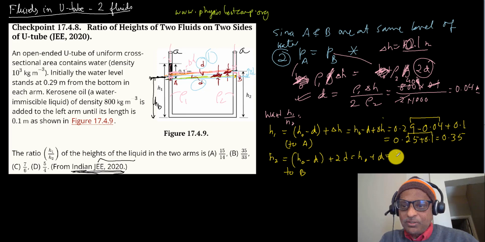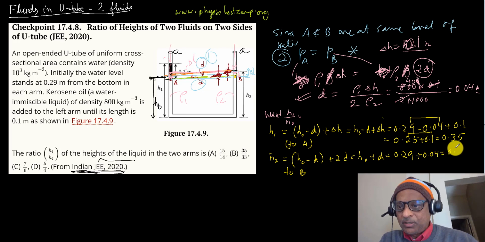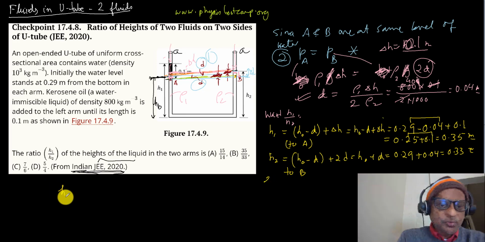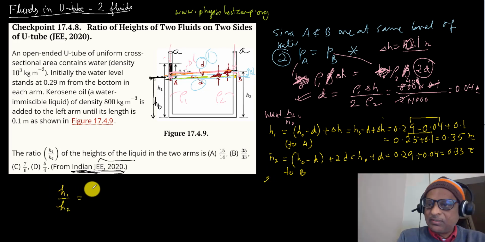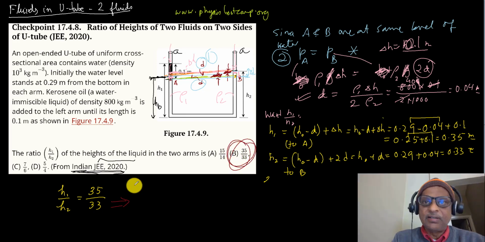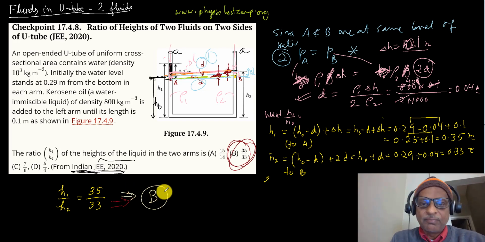And so H0 is 0.29 plus 0.04 is 0.33, and these are in meters, so I have H1 over H2 is just 35 over 33, and sure enough we have one of the choices here. Yep, that means you got B as an answer.